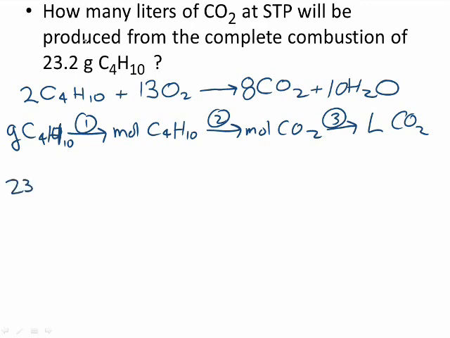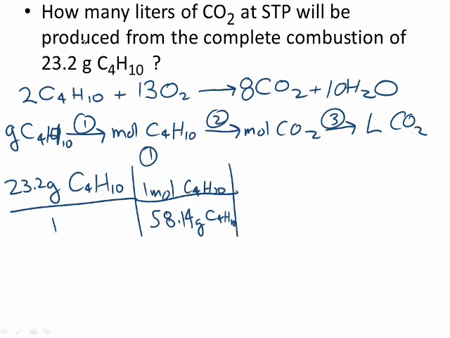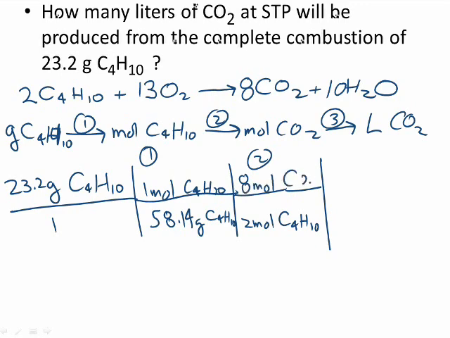So we start with 23.2 grams of C4H10, and that's 1 mole per 58.14 grams. Now we go to the mole ratio, and the mole ratio tells us we have 2 moles of C4H10 to 8 moles of CO2.